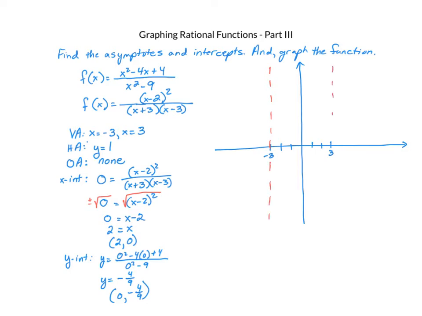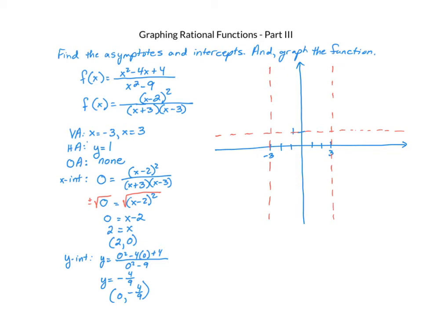Here's the second one. And we have a horizontal asymptote at y equals 1. So let's put that in. And we're going to keep in mind that those asymptotes are our graphing guides.